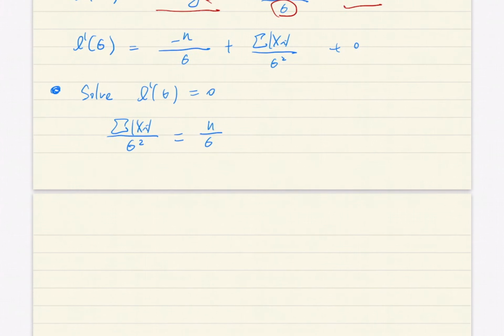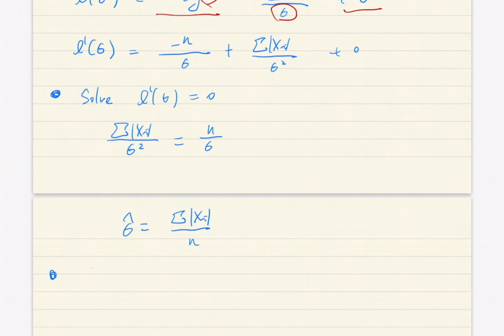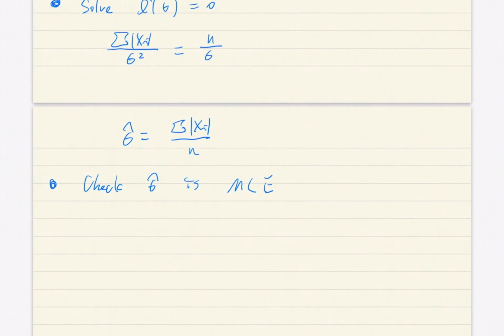Then we do some rearrangement, and we get sigma hat is the average of the absolute value of xi. Okay. Then we have to check that sigma hat is the MLE. Okay, so we have a solution, but we don't know whether this one is a maximum point, or we have to say it's a local maximum point.